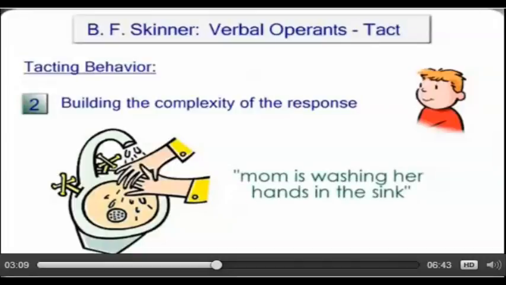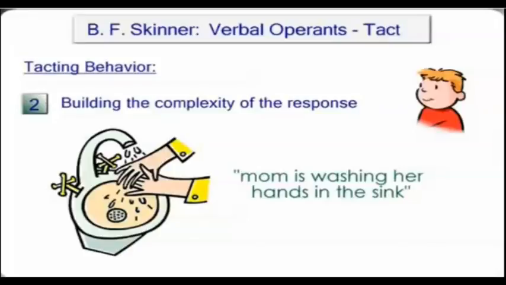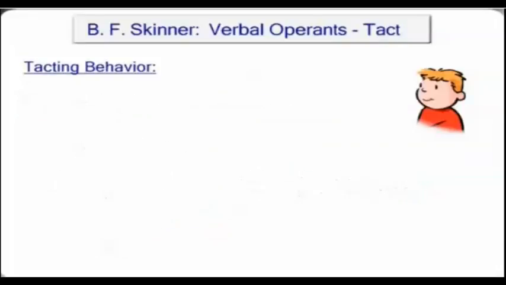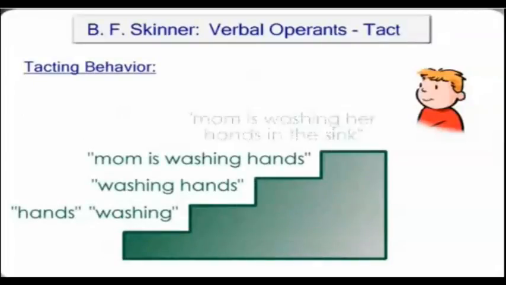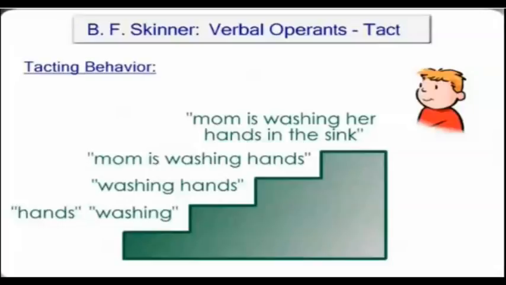Joey later learns to tact pronouns and prepositions, so his therapist then teaches Joey to add pronouns and prepositions to the tact frame. As you can see, each time Joey learns new concepts, such as pronouns and prepositions, his therapist incorporates the new concepts into his tact frames, building a stronger tact repertoire for Joey.